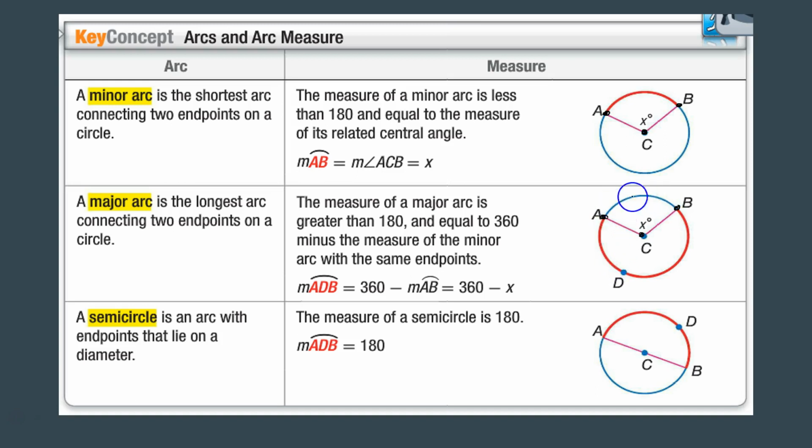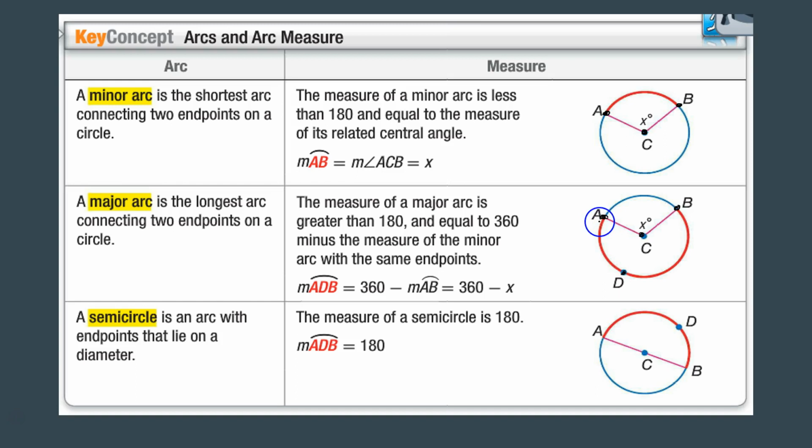Our blue is our minor arc. So our red arc is the longest arc, and notice the difference of how I'm writing this. I'm saying the measurement of major arc ADB. And notice I have this other point here, but I'm not talking about the arc in there. It's just to help indicate where it's at.